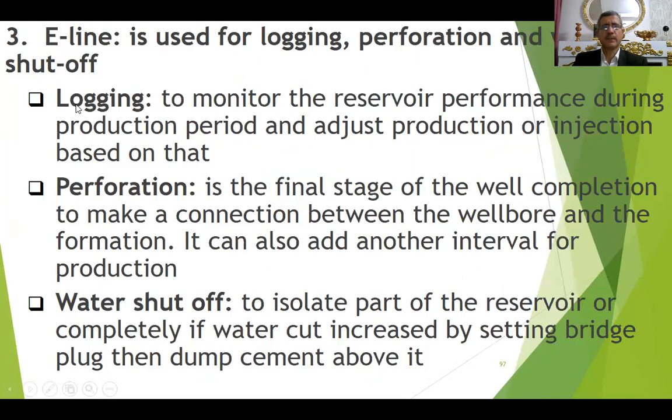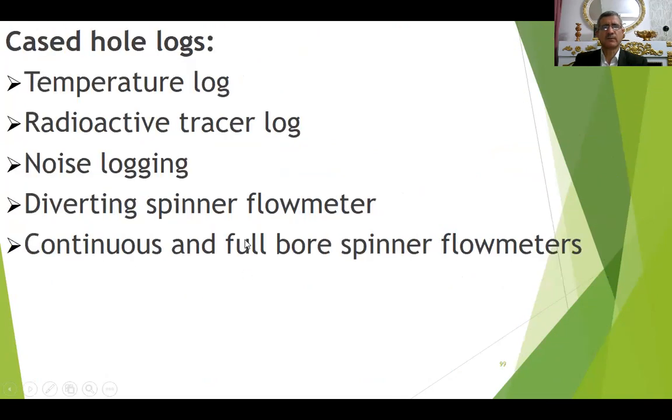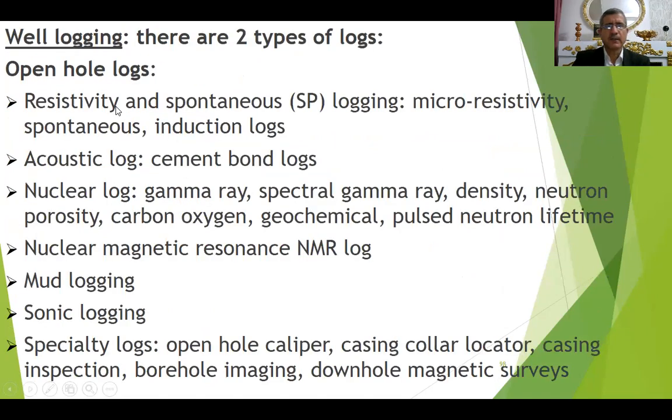Electric line, we run logging, we do perforation and water shuttle. We have two types of logging. We have cased hole logging and open hole logging. This is open hole. We have resistivity, acoustic log, nuclear log, nuclear magnetic resonance, NMR log, mud logging, sonic logging, and specific logs.